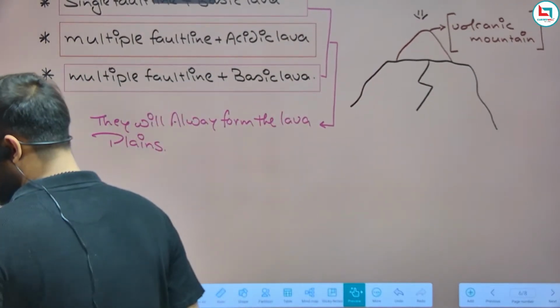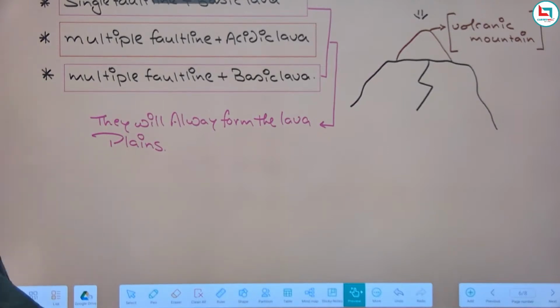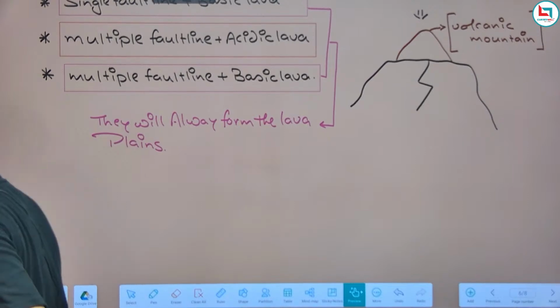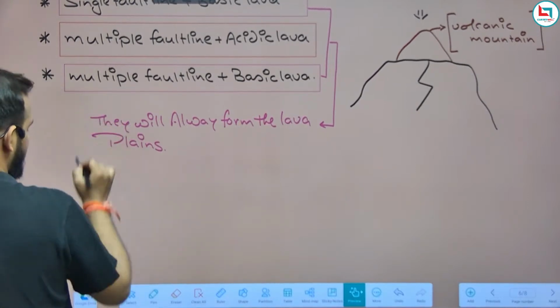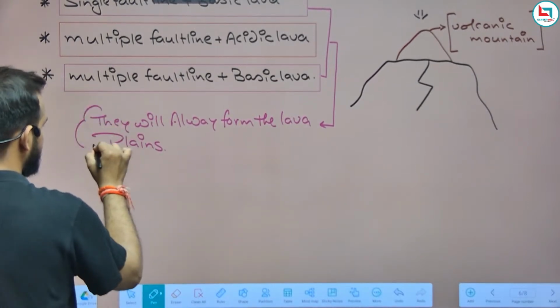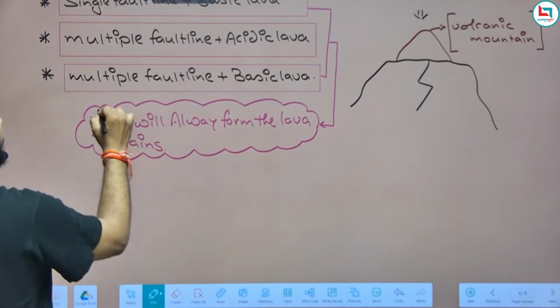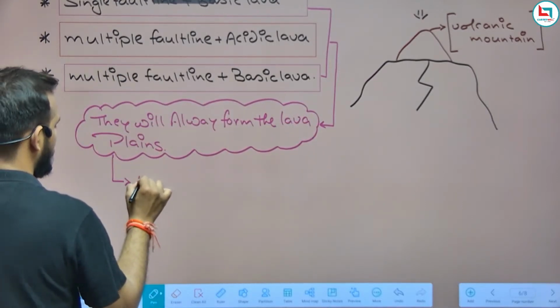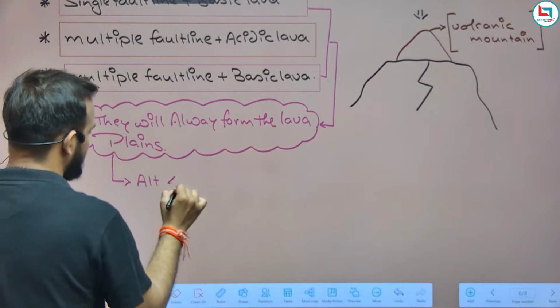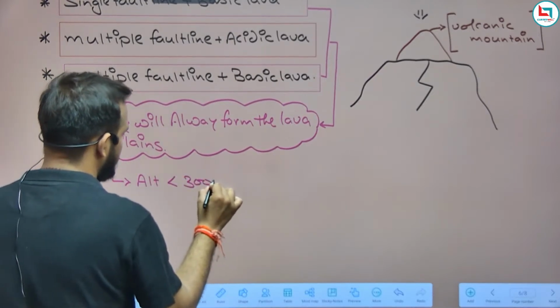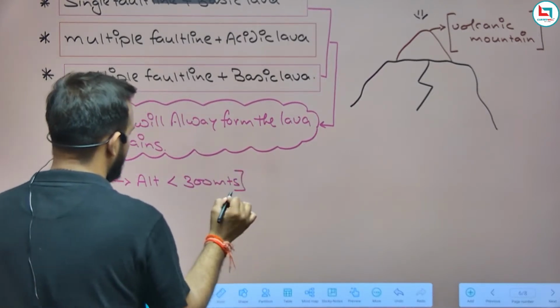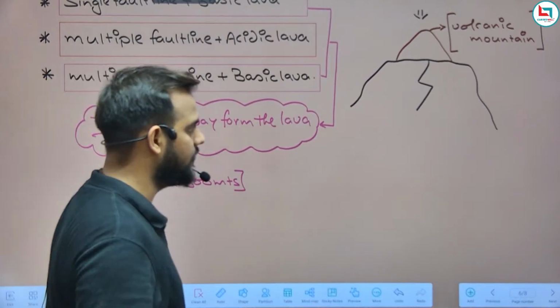Now guys, when we talk about the lava plains, their altitude is less than 300 meters. The altitude of lava plain is less than 300 meters. This is the condition of lava plains.